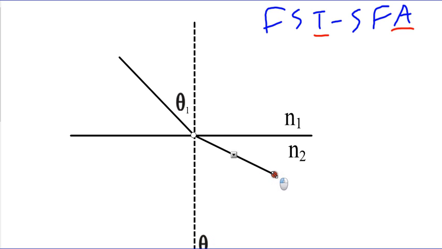On the other hand, if we see that it bends away from the normal like this, we know that we have a slow to fast, so a high index to a low index medium, which will bend away from the normal. And again, this is the surface, and this will be our normal line.